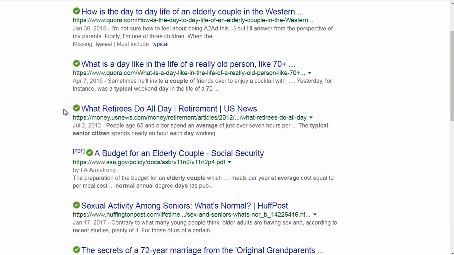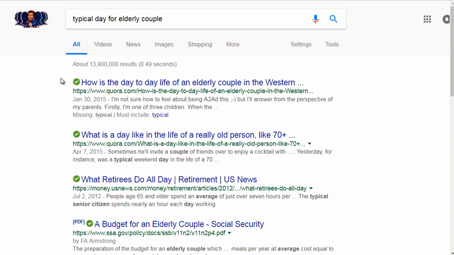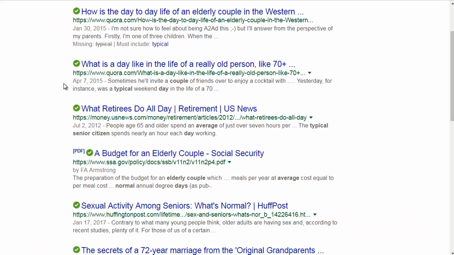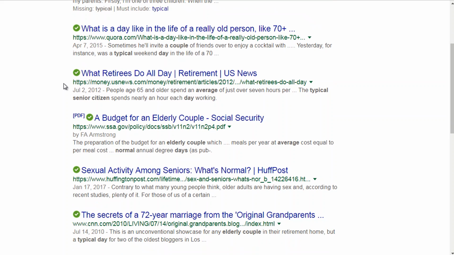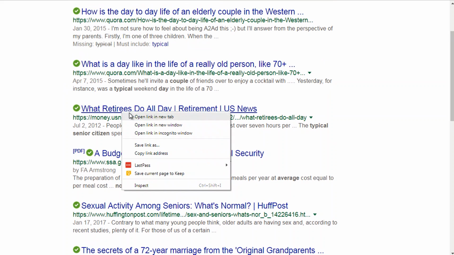Or in this case, since it's elderly couples, we could simply go to the websites where elderly couples hang out and see if we can find somebody maybe in a forum who is actually talking about their typical day. So if we scroll down here, it says what retirees do all day, right?